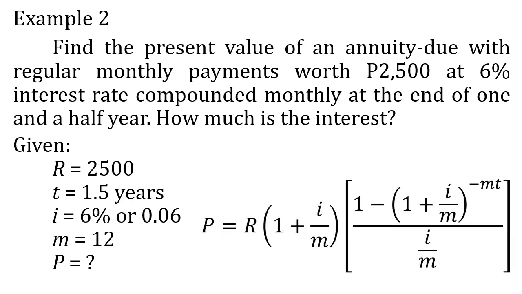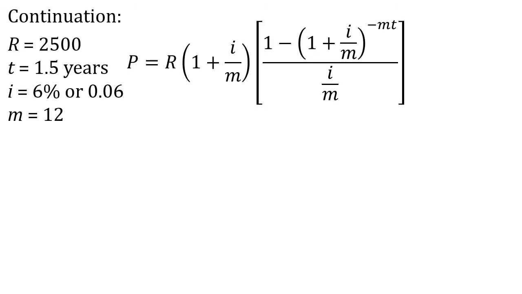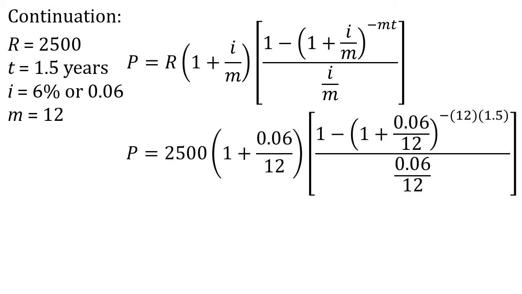We are going to use the formula P equals R times 1 plus I over M times 1 minus 1 plus I over M raised to negative MT over I over M, since this is an annuity-due. Substitute the values of R, T, I, and M. So P equals 2,500 times 1 plus 0.06 over 12 times 1 minus 1 plus 0.06 over 12 raised to negative 12 times 1.5 all over 0.06 over 12.